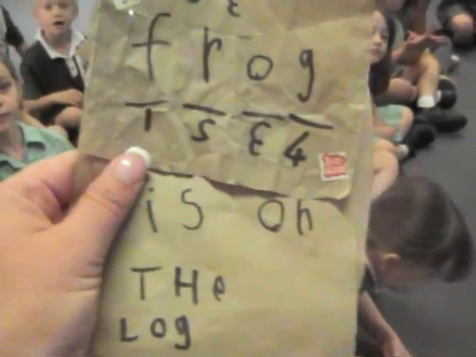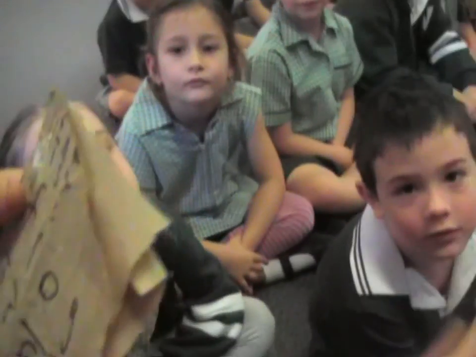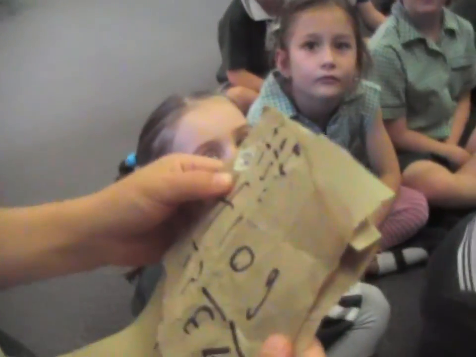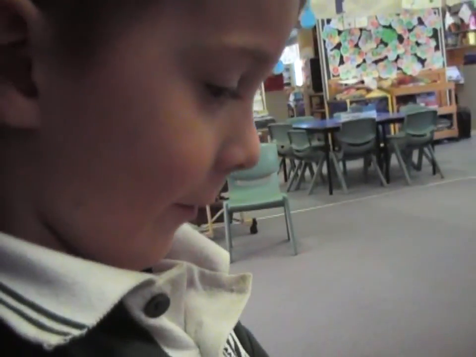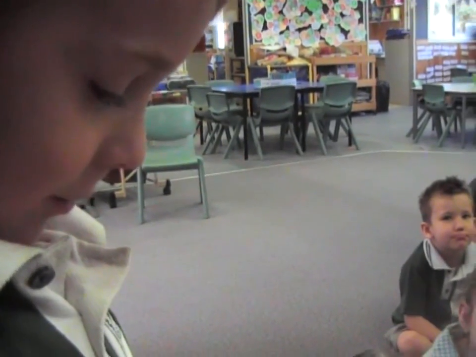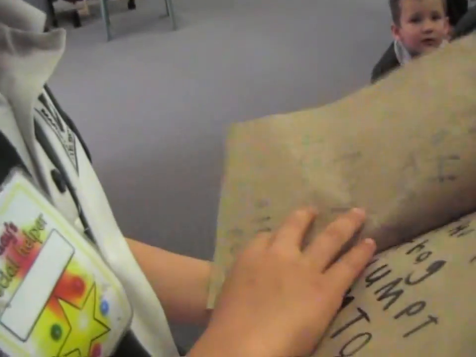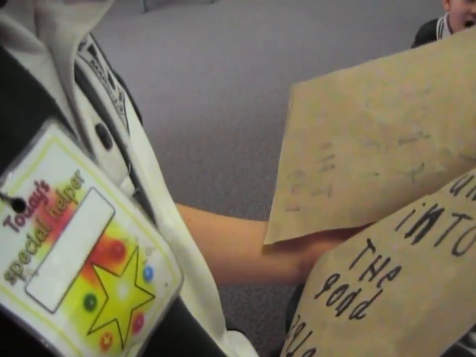Oscar, come and show me what you've done. Did you do this all by yourself? Wow. Fat frog. Fat frog, so is it your own story? No, it's for you. It's for the speech sound frog anyway. Wow. Fat frog. The fat frog is on the log. The fat frog jumps into the pond, splash.